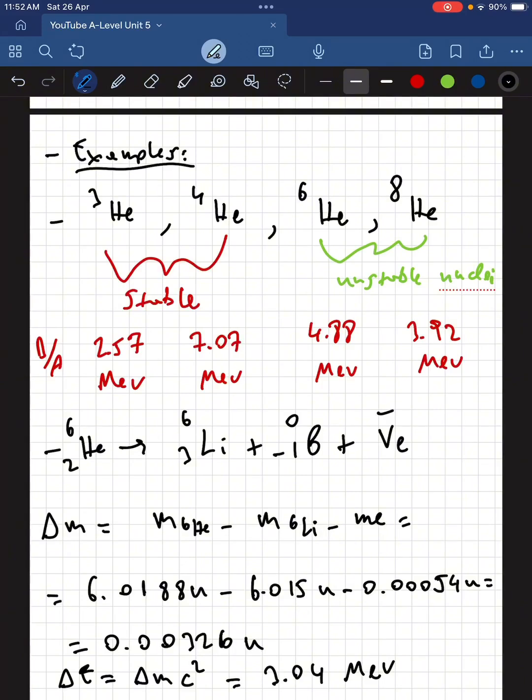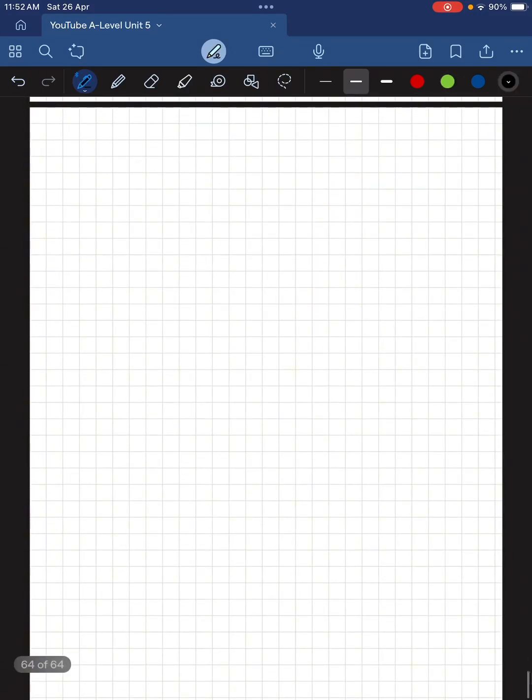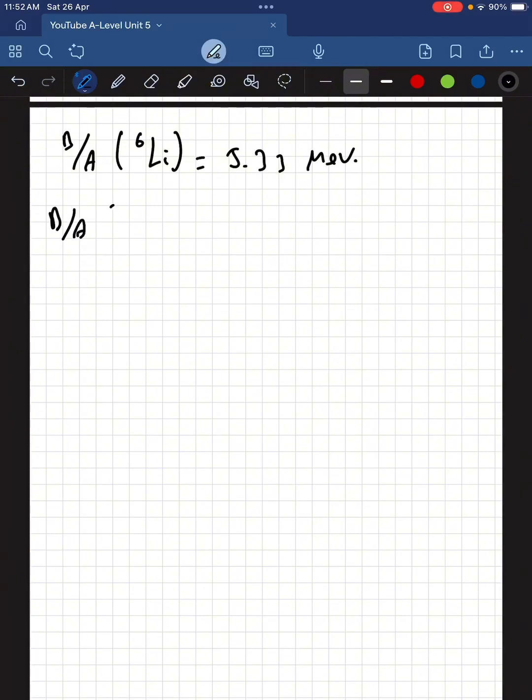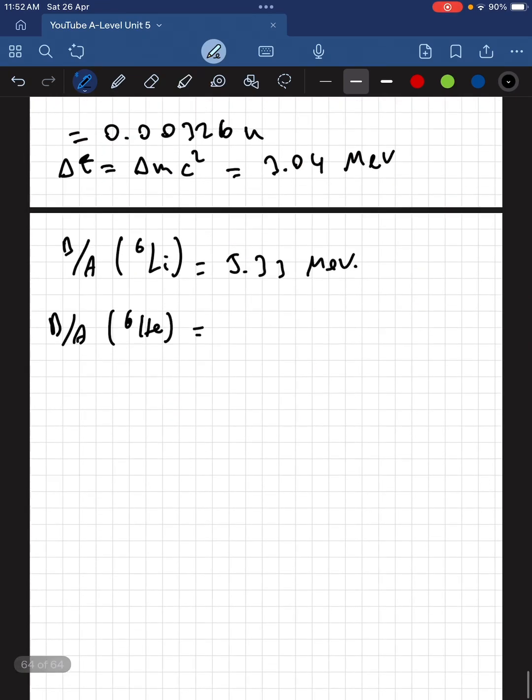We went from a nucleus... I'm going to quote the binding energy. Actually, let me go to a clean page. So the binding energy per nucleon for lithium-6 is equal to 5.33 MeV, whereas the binding energy per nucleon for helium-6 is, what was it? 4.88.